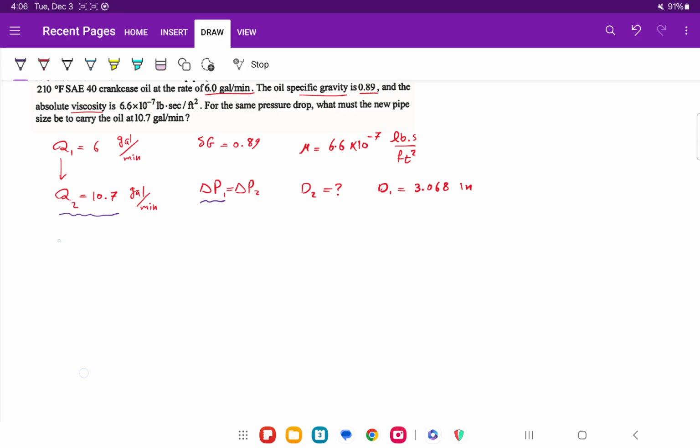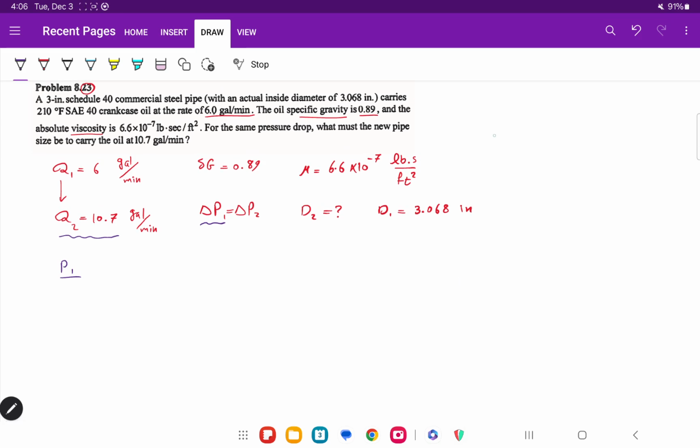So since we have a fluid flow in pipe, we should use the energy equation. So consider, for example, this is the pipe. Here is point 1, here is point 2. This is the length of the tube.